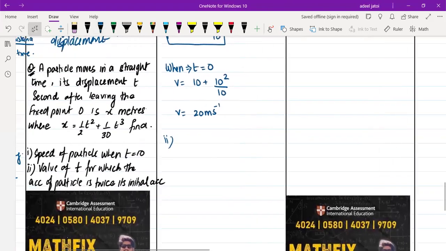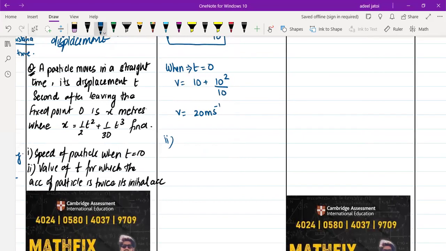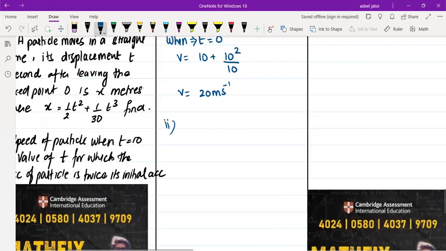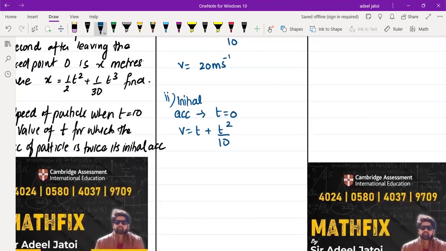What we need to do in part 2 is, it says the value of t when acceleration of particle is twice the initial acceleration. To find out initial acceleration, v is equal to t plus t square upon 10. If we differentiate this, we end up having a is equal to 1 plus t upon 5.